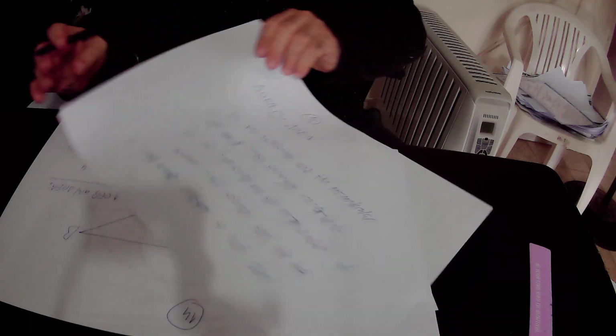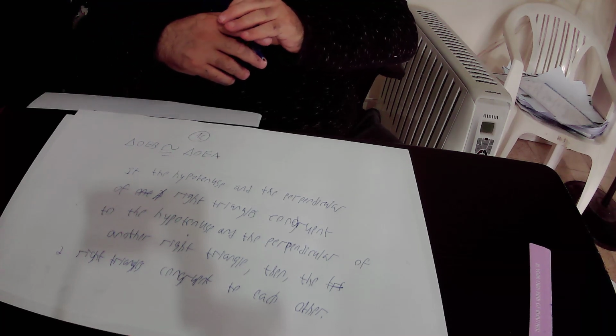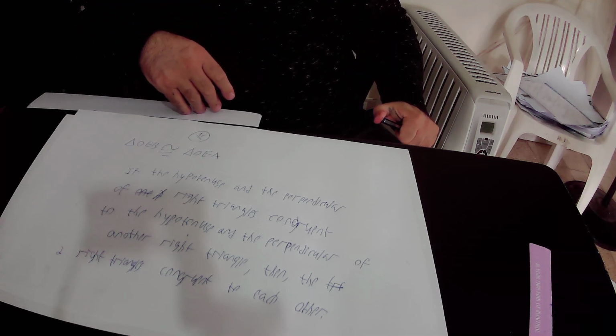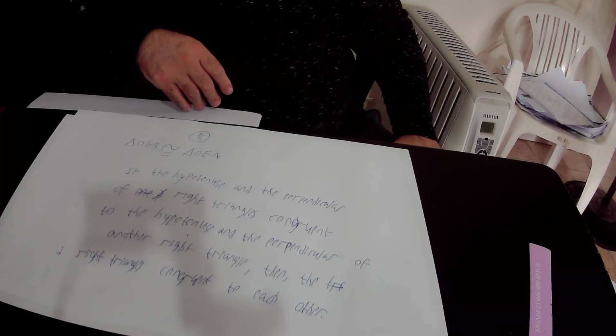Again, if the hypotenuse and the perpendicular of one right triangle are congruent to the hypotenuse and the perpendicular of another right triangle, then the two right triangles are congruent to each other.